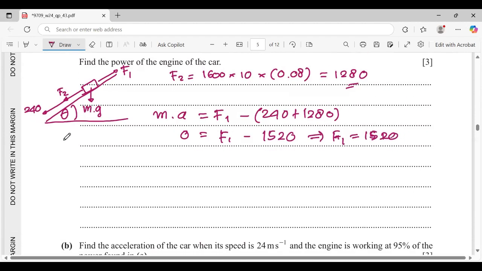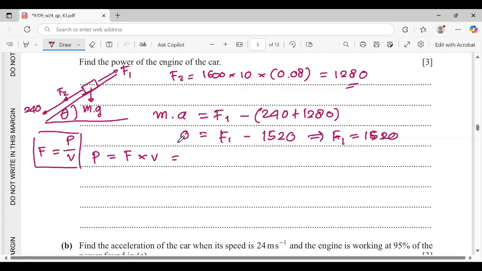Now we're going to find power. Based on the formula, F equals power over the speed. So I would like to rearrange this formula: power equals F times speed.